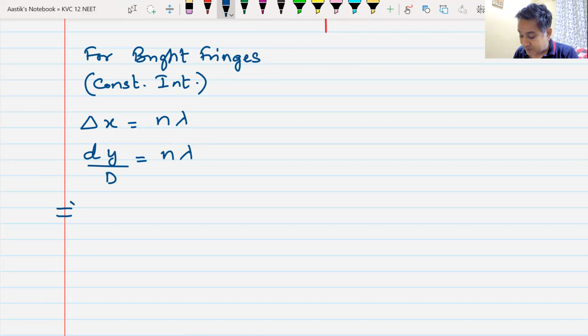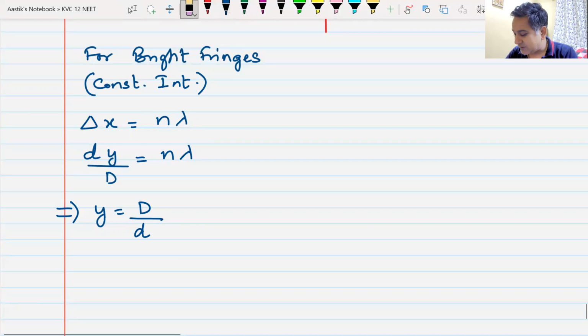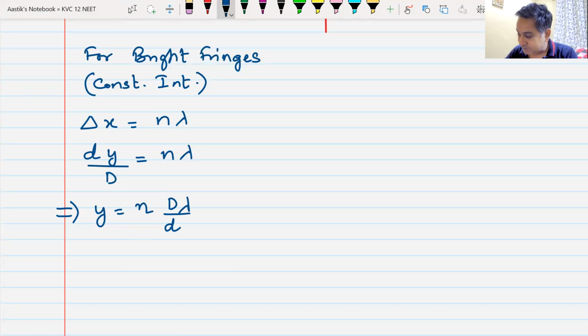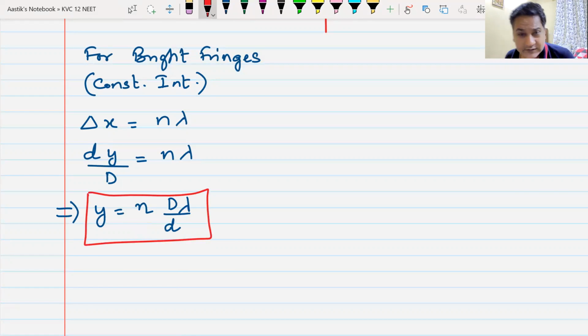From here I can get the value of y. Y will be equal to n times capital D by small d into lambda, where n is a number and n starts from 0, 1, 2, 3, and so on.